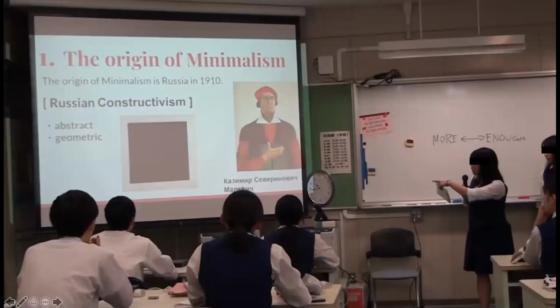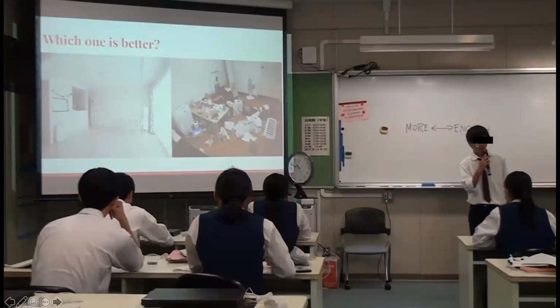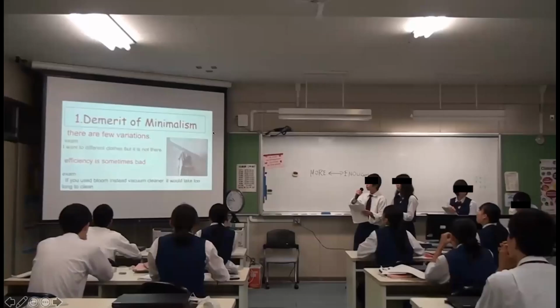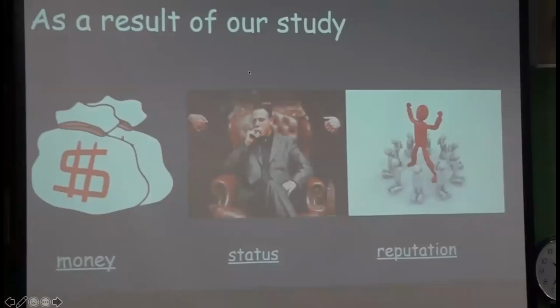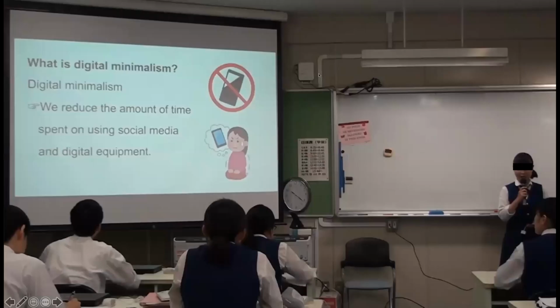So they presented on a variety of topics that they researched themselves. And some of the presentations were quite creative, presentations on minimalism and materialism, as well as digital minimalism.